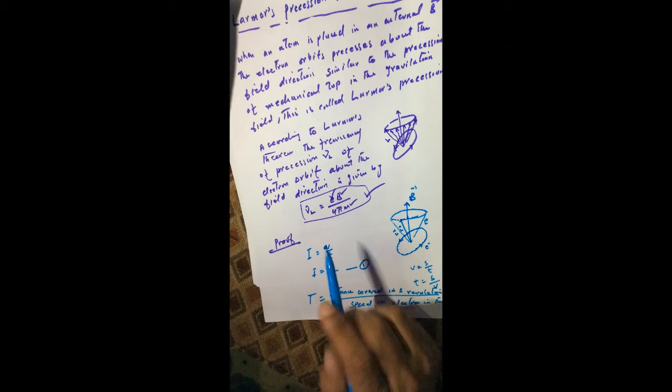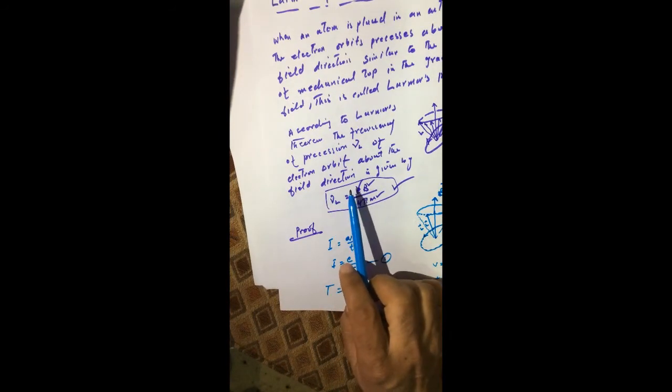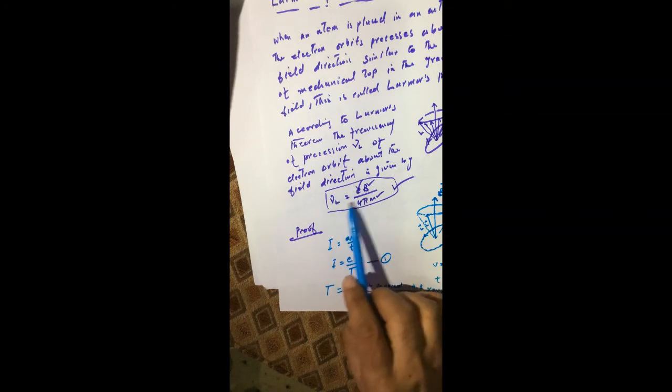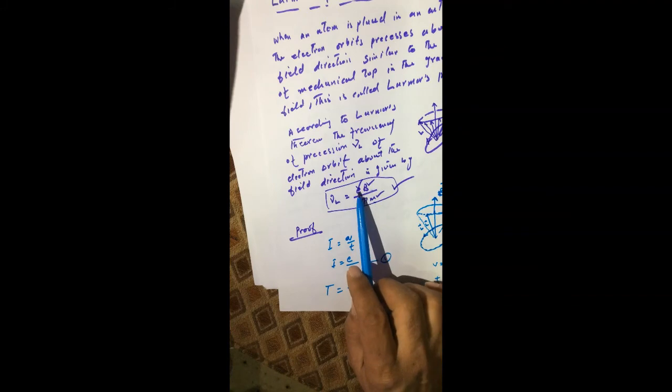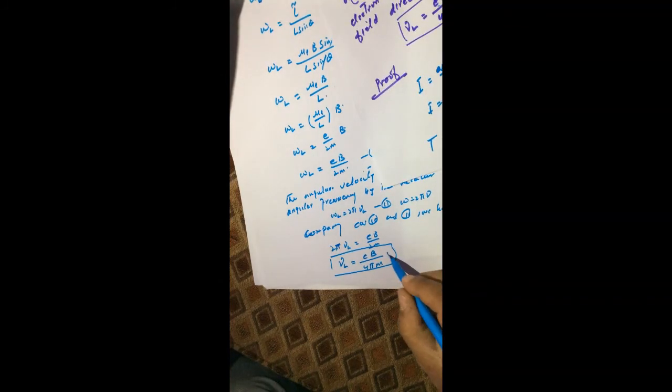This is Larmor's theorem, which says that the frequency of precession nu L is equal to eB over 4 pi m. So here e is the charge, B is the external magnetic field, and m is the mass of electron. So we proved the same formula here.